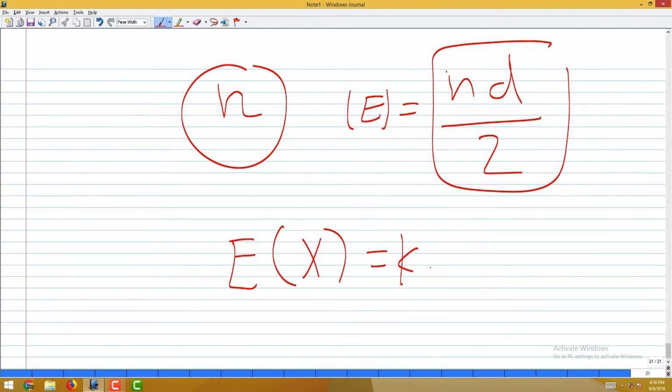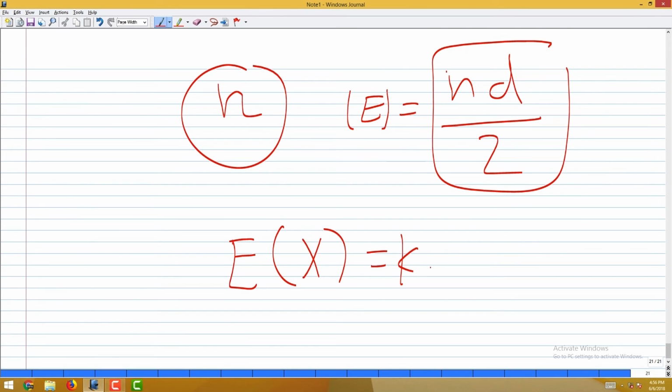If the expectation is some k for a random variable x, then for at least one outcome, x should take the value k or less, and similarly for some outcome it should take value k or more.